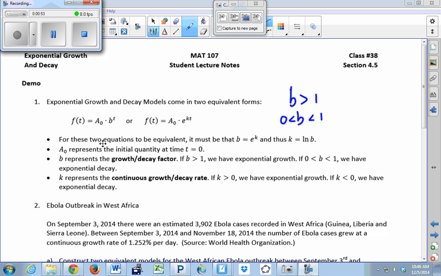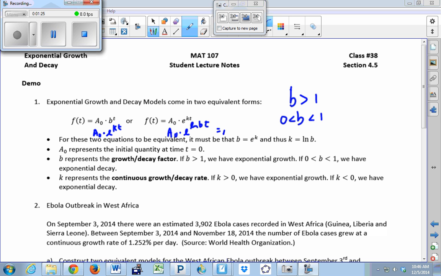And in order to make them equivalent, we either set b equal to e to the k, and you can see that if I replace b with e to the k, they're exactly identical. Or if I replace k with the natural log of b, they're also identical, because e to the natural log of b, remember, is one of the properties where we compose our two inverse functions and we come right back to b.